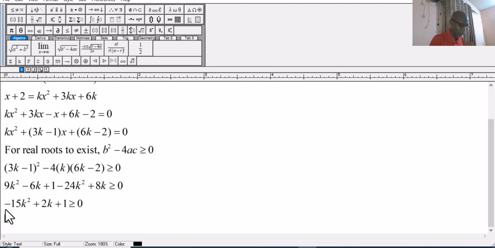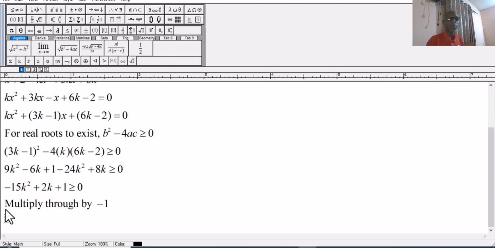So multiply everything through by −1. By the time you multiply through by −1, the inequality sign will change.